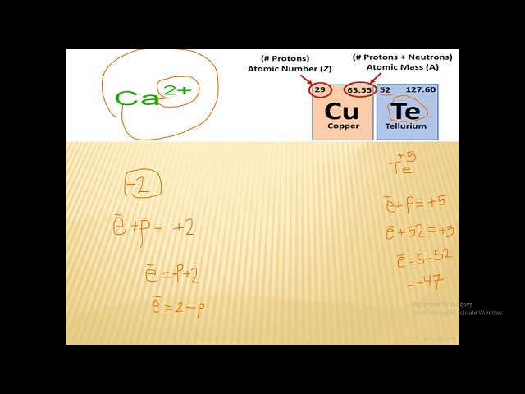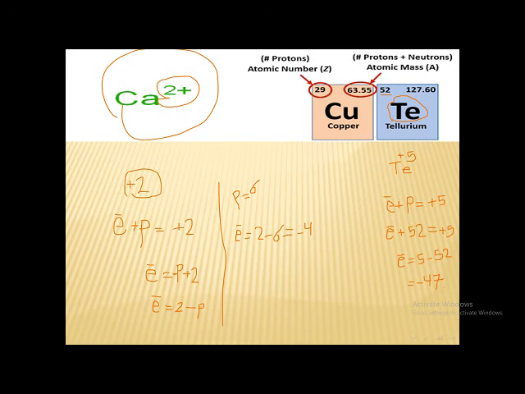So if the number of protons is, for example, 6, the number of electrons will be 2 minus 6, so it will be decreased by 2. Can you understand that?